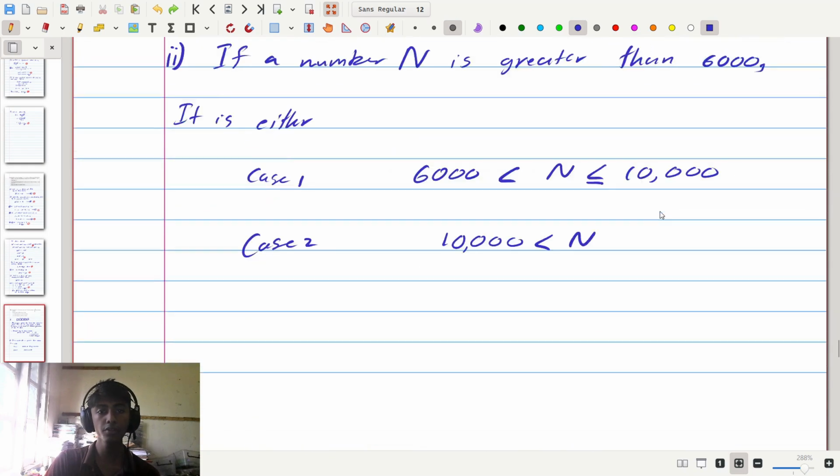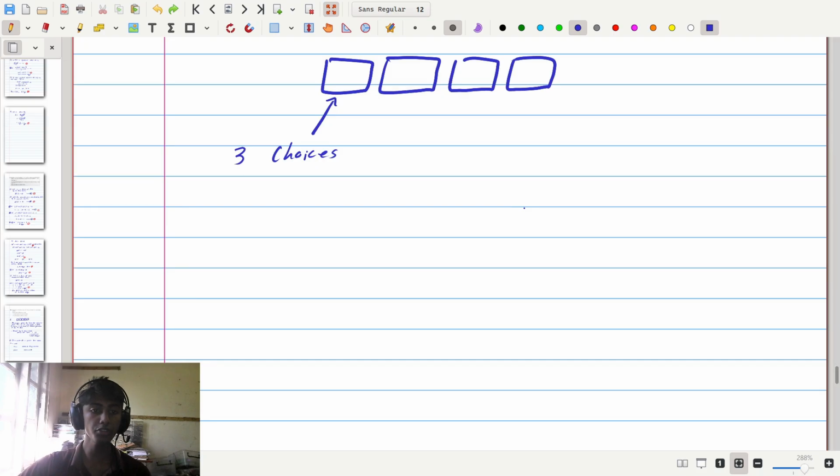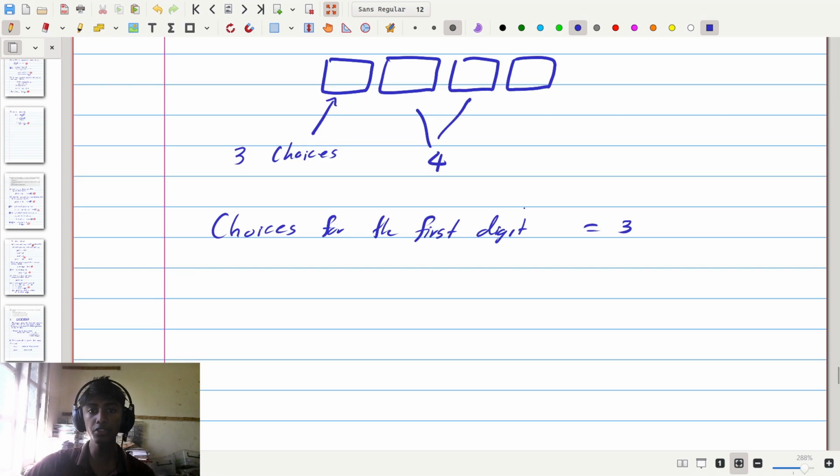So therefore, for the remaining digits, we can put one of the remaining 4 for the first digit, we can put one of the remaining 3 after that for the second digit, and we can put finally one of the remaining 2 for the last digit. So according to that, choices for the first digit equals 3, and for the remaining digits, we can put any of the 4 digits into the 3 remaining places.